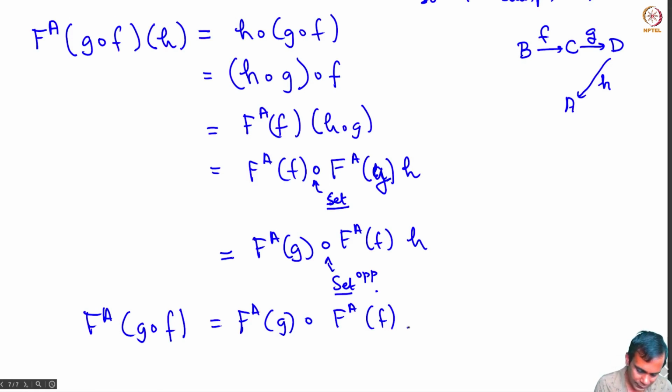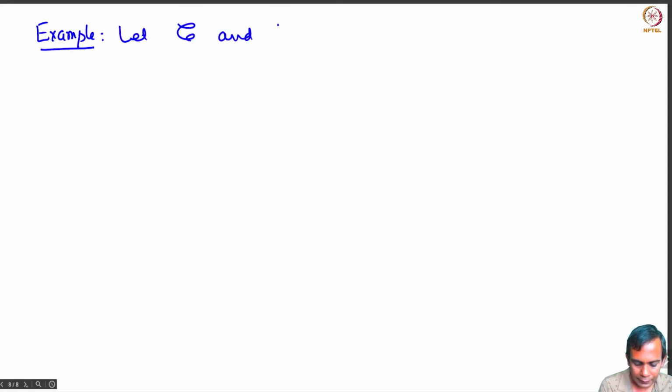Now, one last example of functor. We look at categories with one object. So let C and D be categories with single objects.